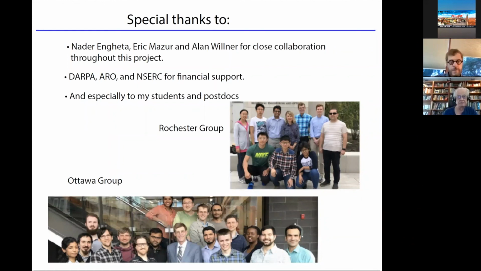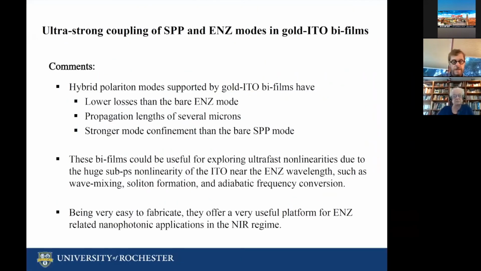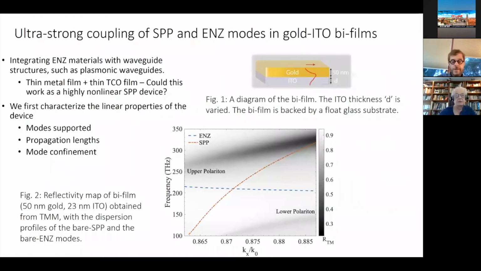Okay, so this was Nader and Gaeta's idea. Oh no, the ultra strong coupling. Yeah, I guess those words apply to 2 different things I talked about. So I ran out of time here. You have the ENZ mode and the surface plasmon polariton mode. They couple to one another to form polaritons.